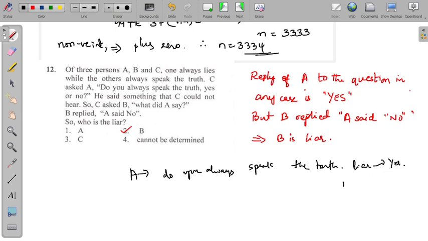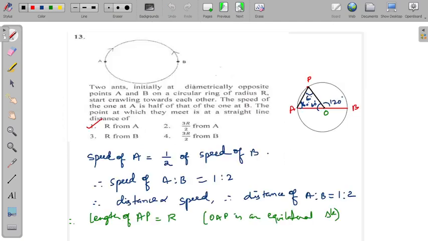If A speaks the truth, in that case also his answer would be yes. For this question, A's answer must be, in any case, yes. If he is a liar, he should say yes. If he is telling the truth, in that case also he should say yes. The possible answer is always yes. But what B said is, B replied, A said no. So this clearly says that B is a liar, A is not a liar. So our answer will be option 2.